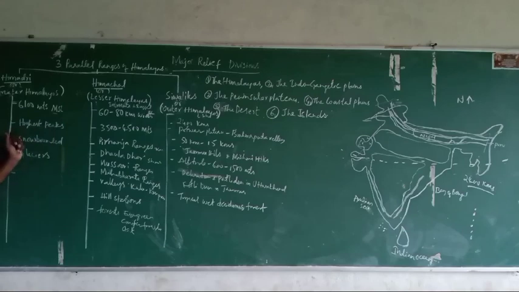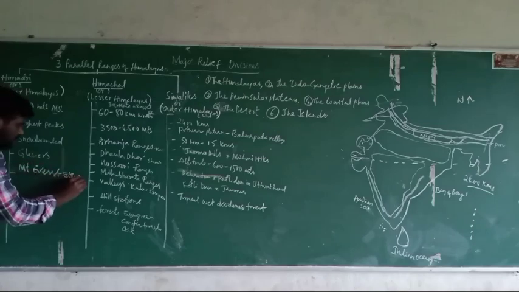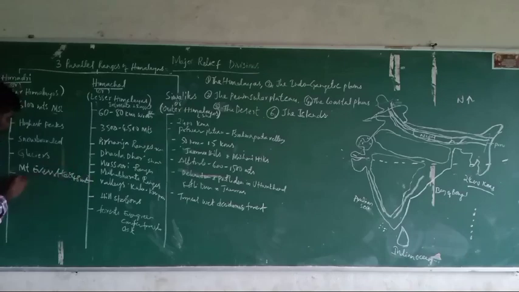Many of the world's highest peaks, above 8,000 meters, are situated in Himadri. The highest peak in the world is Mount Everest, 8,848 meters above the sea level.